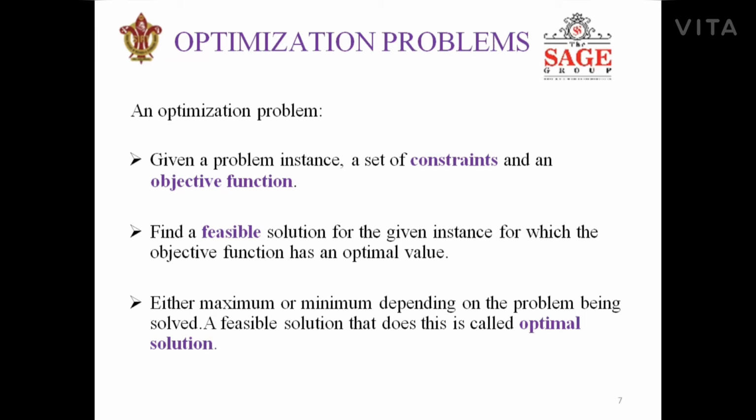So this is an optimal solution problem. It is called an optimization problem, where we are looking for either a maximum value or a minimum value among the given input values.